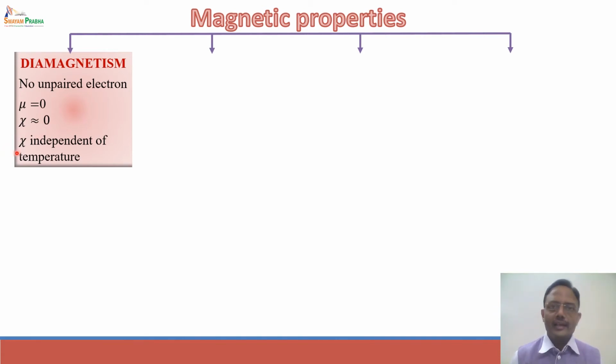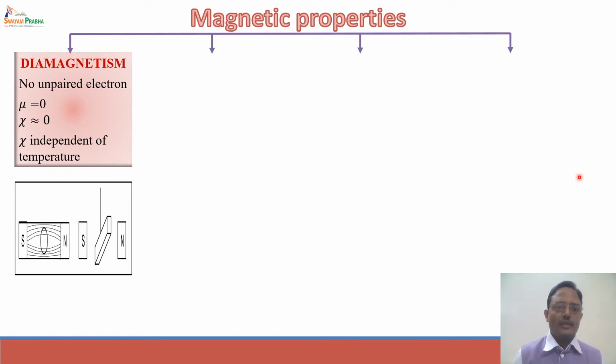If we increase the temperature, since all the electrons are paired up, it does not cause any effect on the magnetic moment, and as a result the chi value is also independent of temperature in diamagnetic substances. If we place a diamagnetic substance in an external magnetic field, the magnetic lines of force try to avoid the substance as compared to vacuum.